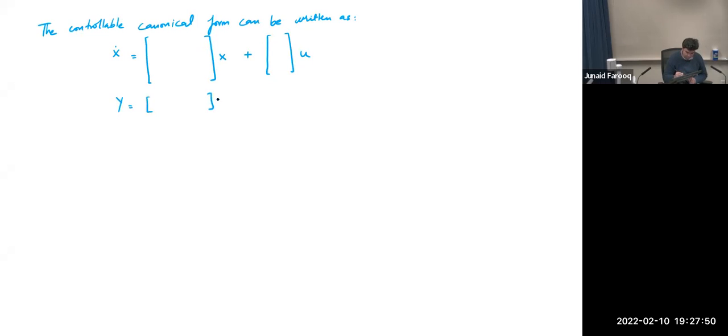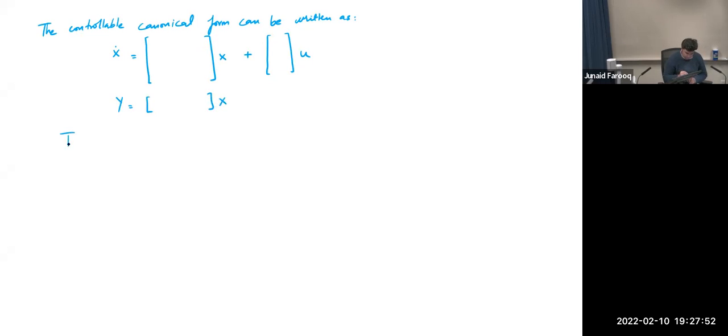So the controller or controllable canonical form can be written as x dot is something x plus something u, and y is something x.